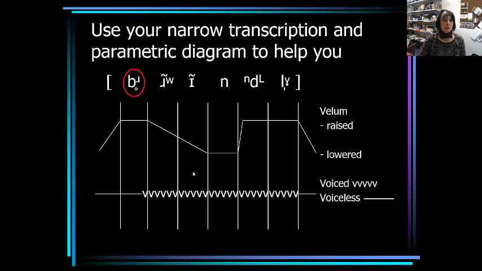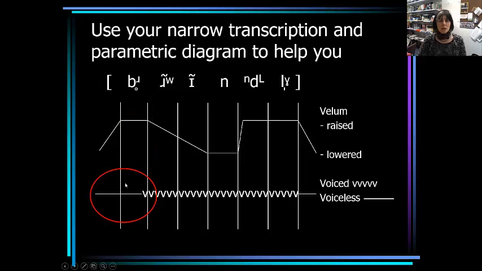We also need to indicate that the velum is going to rise, and in fact that's happening even before we're doing anything else. So we would want to say the velum begins to rise in anticipation of the articulation of the devoiced bilabial plosive.